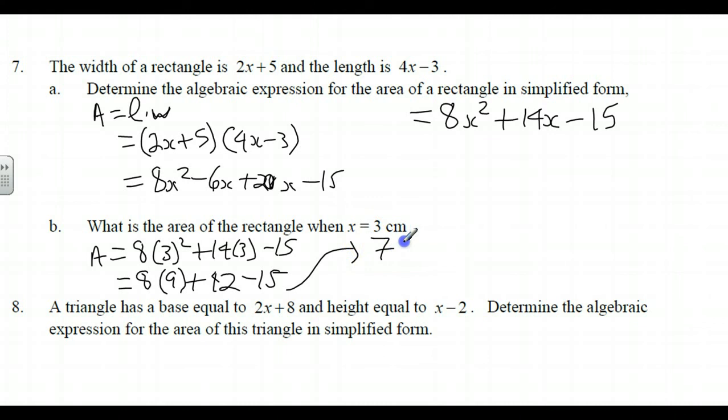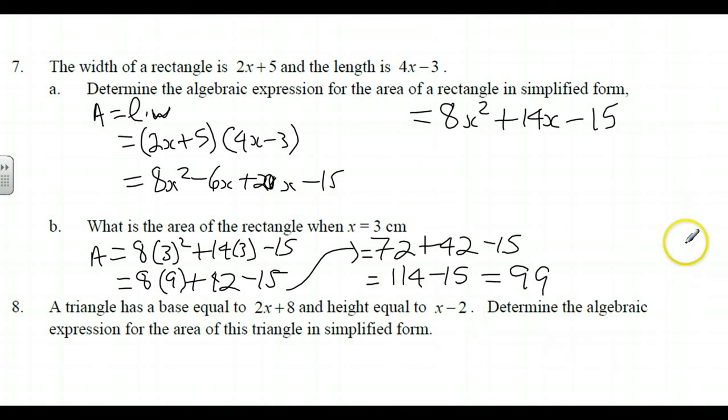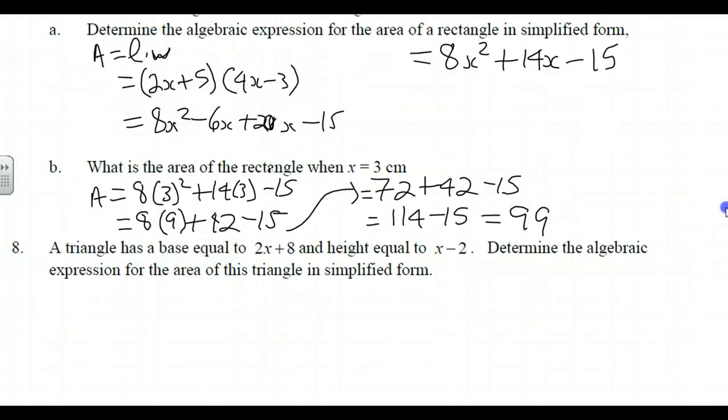So it's 72 plus 42 minus 15, which is, what do we got? 114 minus 15. Throwing equals in there. Which equals 99. Now, I don't really like it when you string equals and go like that, but there's not much room here, so in that case it'll be okay.